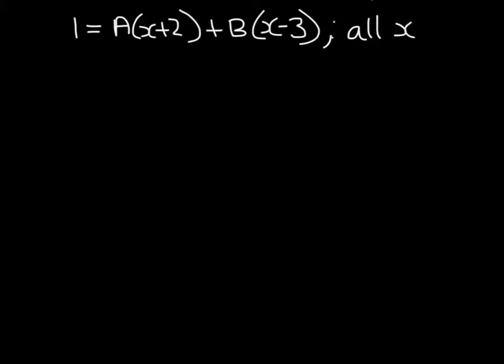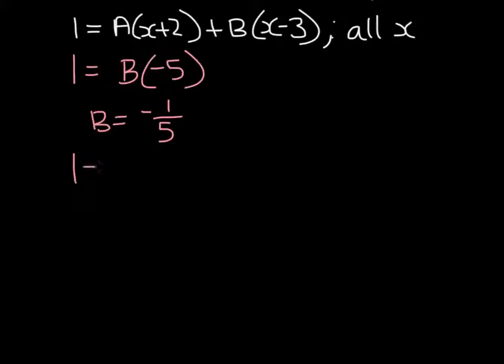Now I'm going to plug in negative 2 for x, and that'll give me 1 equals 0 times a plus b times negative 2 minus 3, or negative 5, meaning that b equals negative 1 over 5. And then I'm going to plug in 3 for x, and that'll give me 1 equals a times 3 plus 2, or times 5, and plus b times 0.